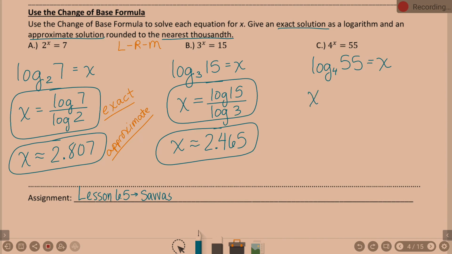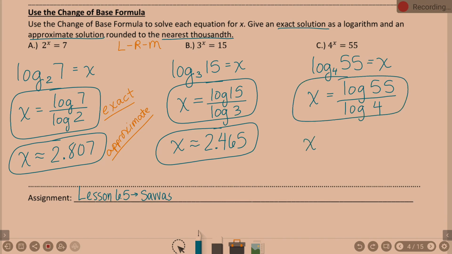For my exact answer, I'm going to rewrite this as log of 55 divided by log of 4. For my approximate answer, okay, rounded to 3 decimal places, is 2.891. Okay.